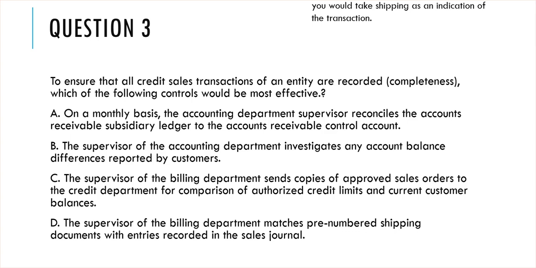This is a good time for us to start talking about the audit trail and how you use the audit trail when you're looking for something like, say, completeness. So the audit trail says that there's a linkage between the documents.